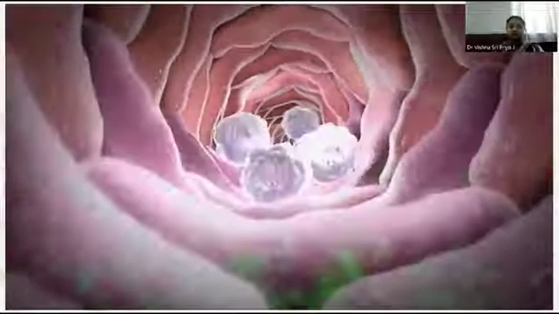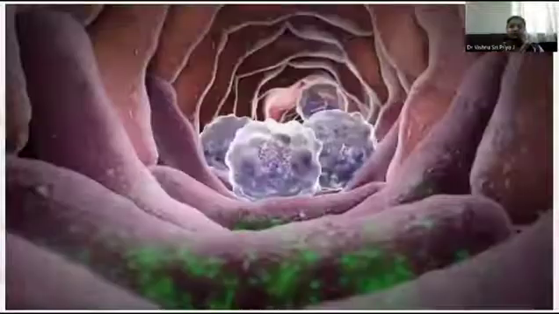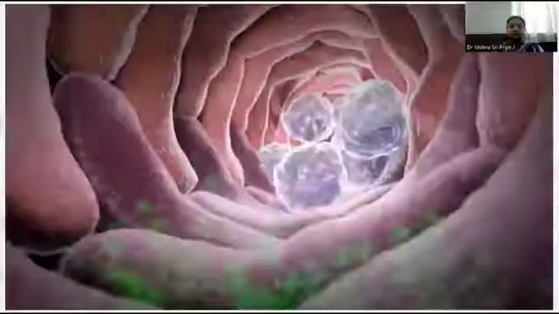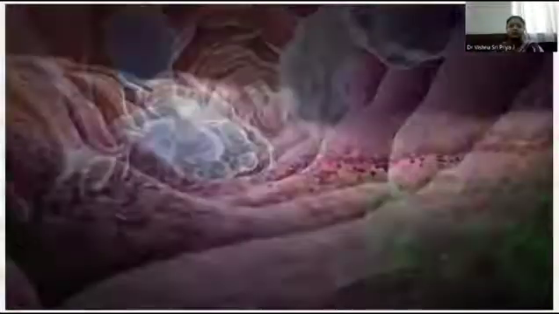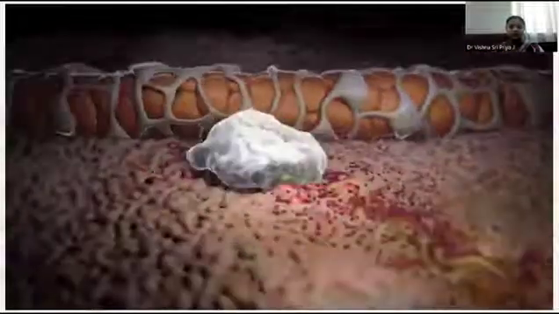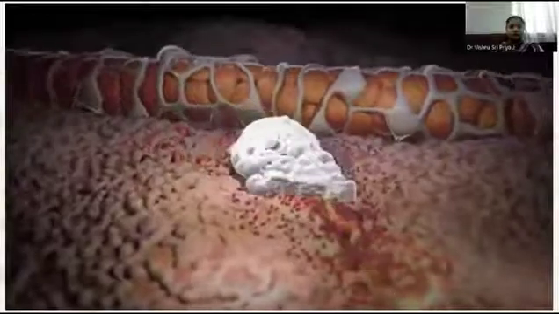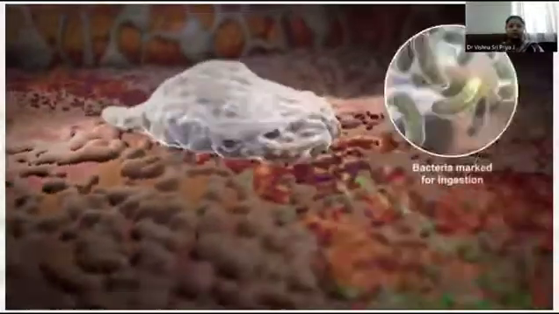Upon detecting these chemicals, neutrophils slow down and begin to stick to the walls of the blood vessel. They then squeeze between the cells of the blood vessel wall and enter the infected tissue. Here, the neutrophils crawl towards the infection as they continue following the chemical signals. At the site of infection, bacteria are coated with antibodies of the immune system and marked for ingestion.